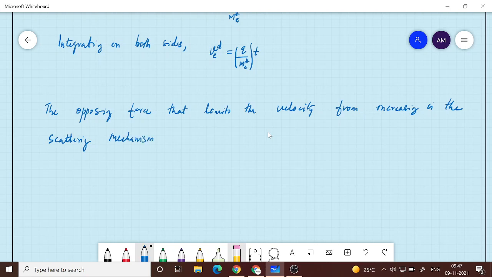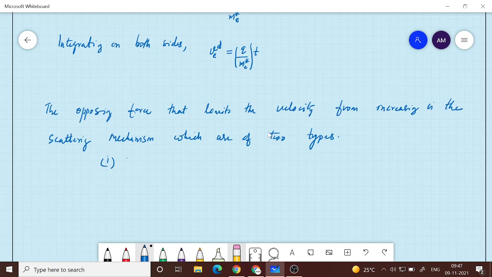And there are particularly two kinds of scattering mechanisms that will take place inside the semiconductor, which are of two types. Okay, so number one, we call it the collision from the vibrating lattice.